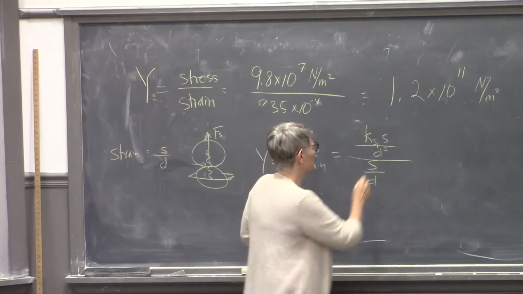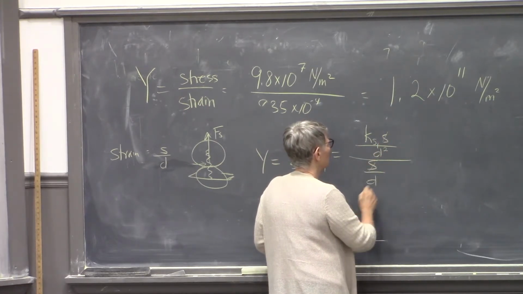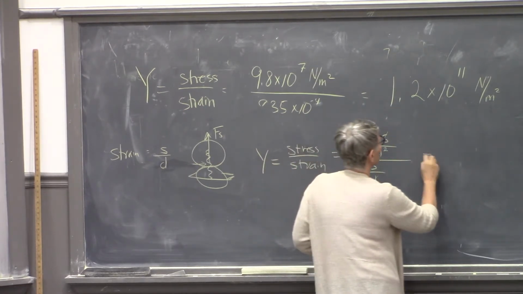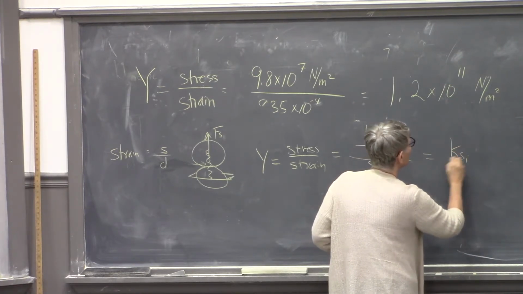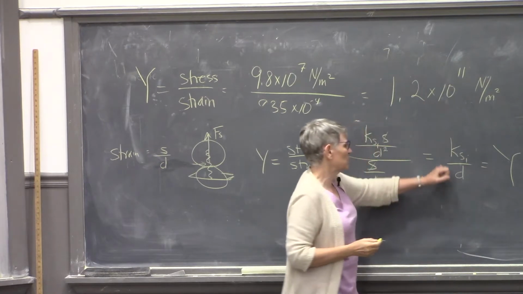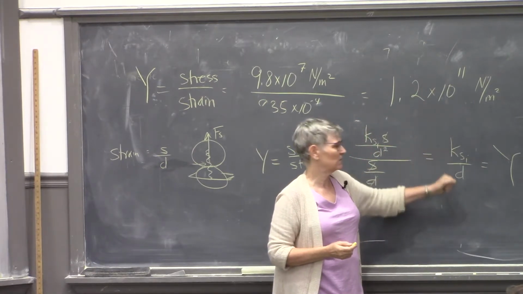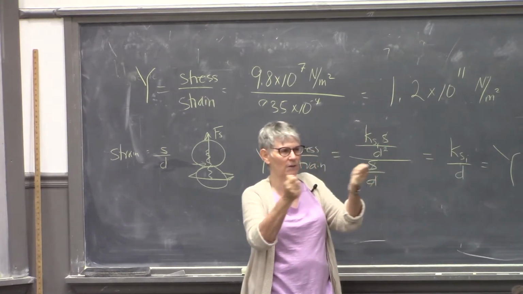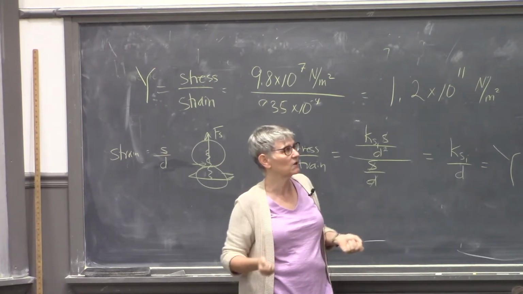And some things cancel here. The stretch cancels out. One of the d's cancels, and we actually find that Young's modulus should be equal to our interatomic spring stiffness divided by the diameter of one atom, or the length of an interatomic bond.